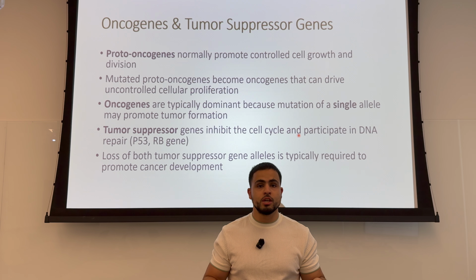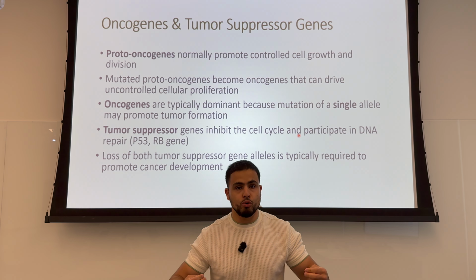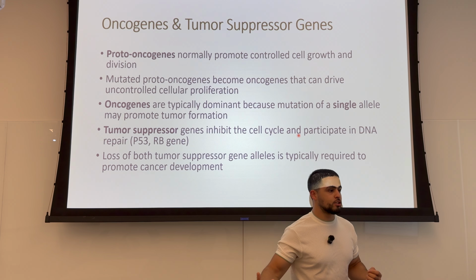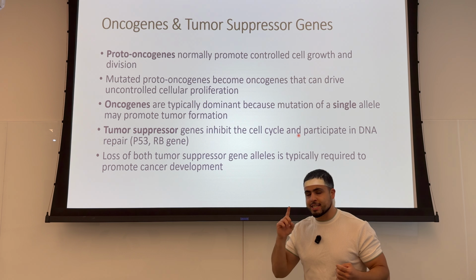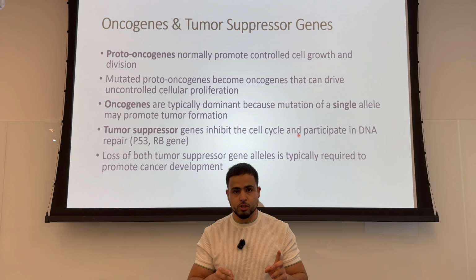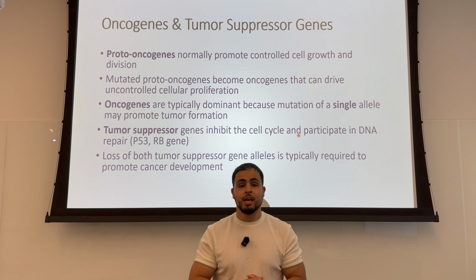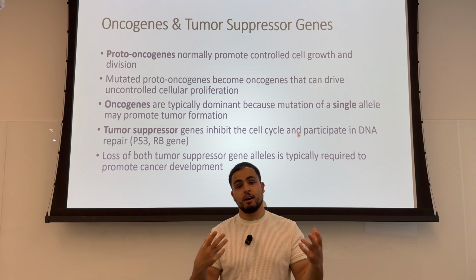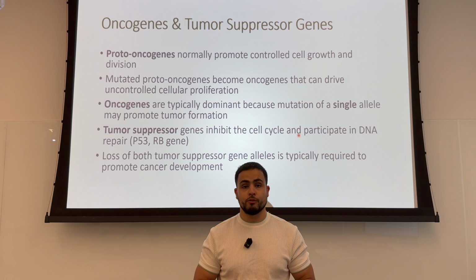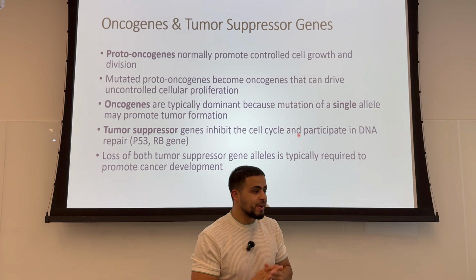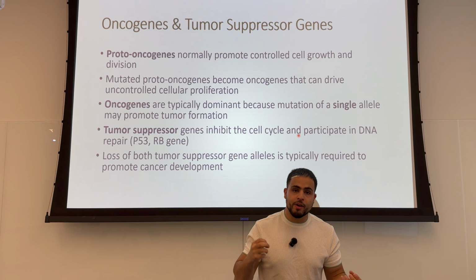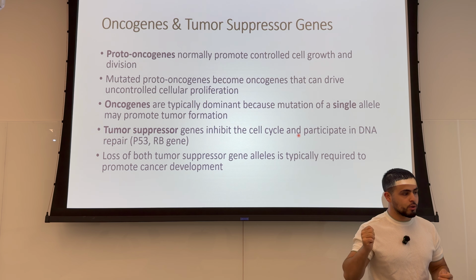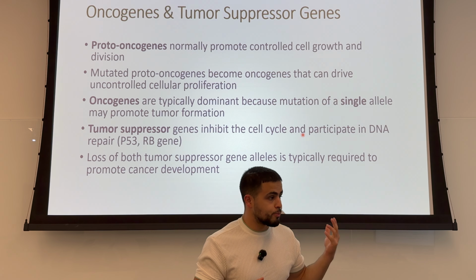And oncogenes are going to allow for uncontrolled cellular proliferation and can promote the formation of tumors and cancers. And all you need is a single mutation in one of the alleles, so you have 2 copies of each. If you have just one mutation, it's going to result in increased cellular proliferation and potentially cancer, because it's acting in a way where it's going to stimulate the overproduction of cells. Contrast this with tumor suppressor genes.